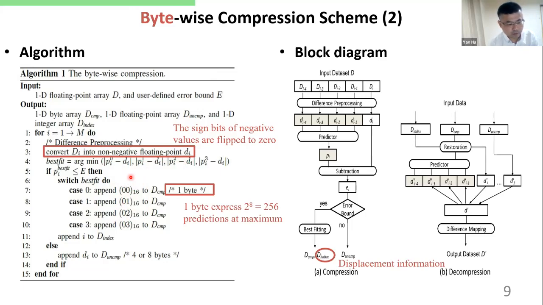Theoretically, 1 byte can express 256 predictions at maximum, and in practice, we use the first 4 predictions considering the overhead. Later in the evaluation, we can see the first 4 predictions are enough to conduct the data compression. At the encoding phase, we insert the displacement information to differentiate the compressed data and the uncompressed data.